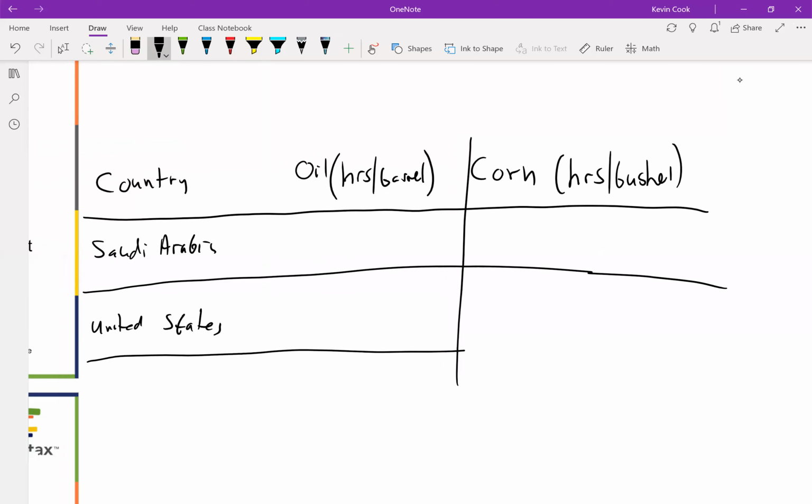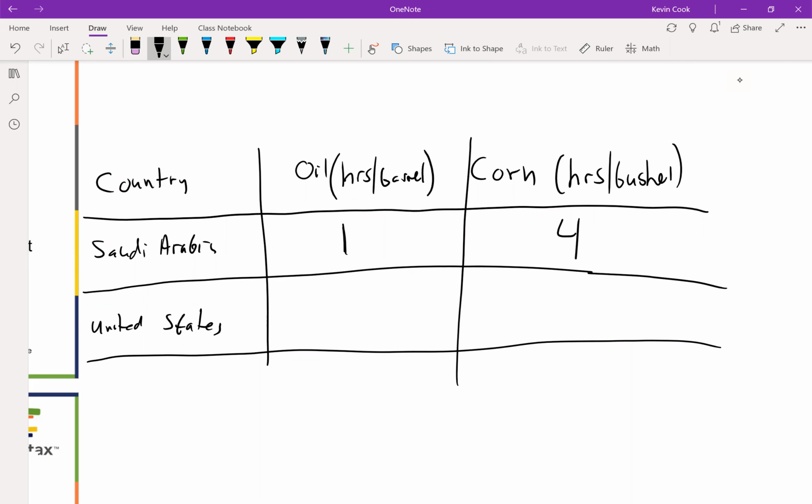All of this so far that we're doing would be given. So in this case, we're going to say that Saudi Arabia can produce a barrel of oil in 1 hour, while Saudi Arabia can produce 1 bushel of corn in 4 hours.